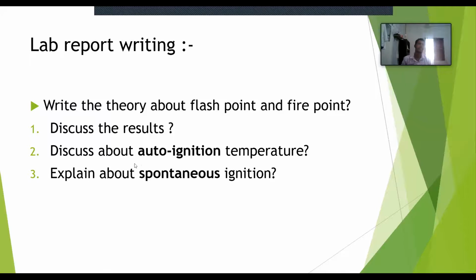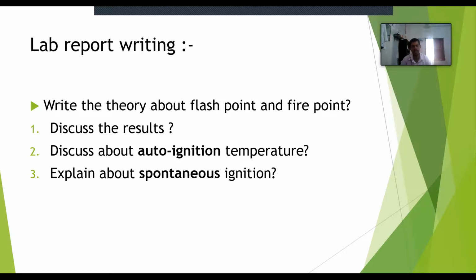Second one is discuss auto ignition temperature. Why I am asking you to discuss auto ignition here is that someone can confuse flash point and auto ignition temperature. It is much higher than the flash and fire point.